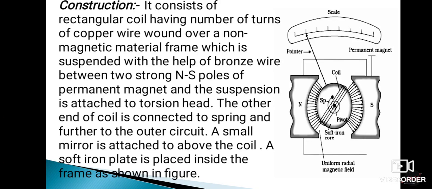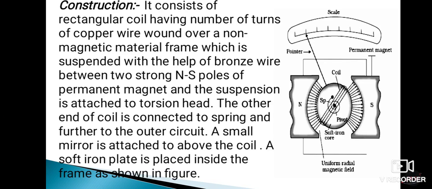Similarly, the other end of the coil is connected to the spring and then to the outer circuit, a small mirror is attached above the coil, and the soft iron is placed inside the frame, that is shown in the diagram.